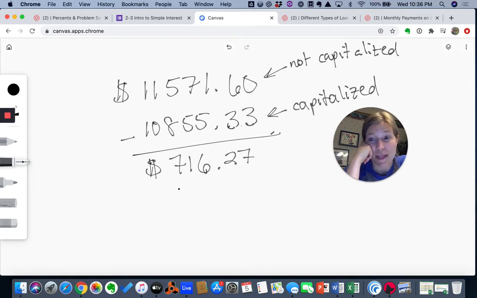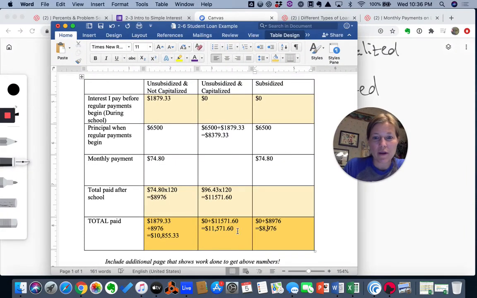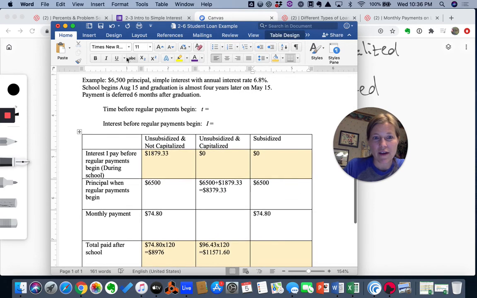It's kind of the same thing as, is it worth it to even take a loan to begin with? Yes, you are paying quite a bit more. And when we compare these amounts to our original $6,500, it is more expensive to take out a loan. Sometimes that's the only way to do it.